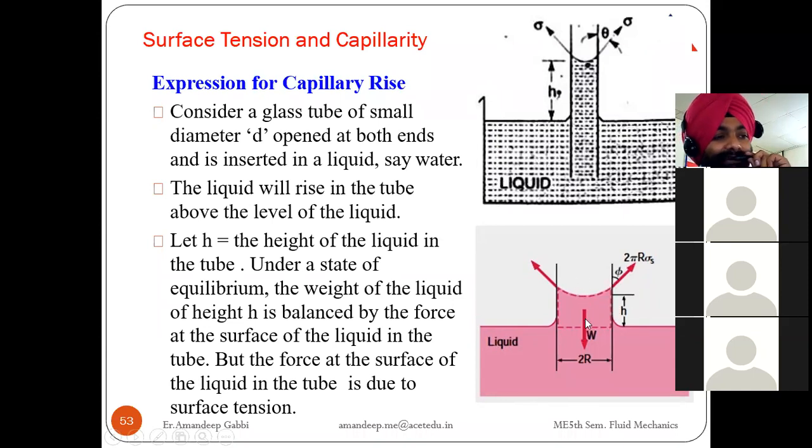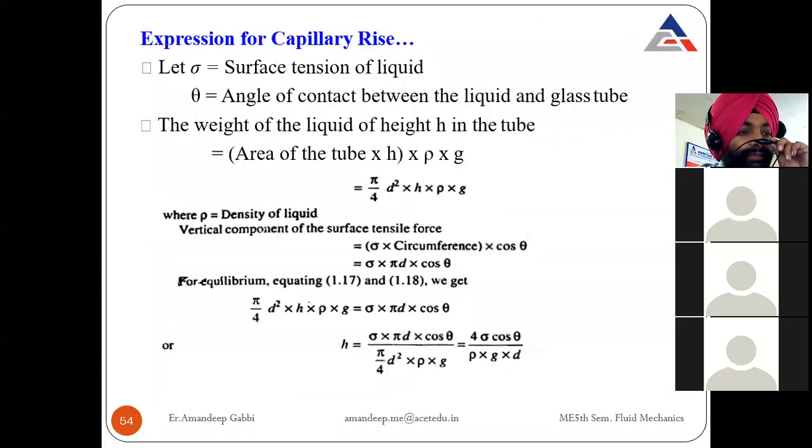The weight acts downwards, and the force from the surface tension acts upwards. The horizontal component is perpendicular to the weight, so it does not balance it. So we take the cos component: sigma into circumference into cos theta.